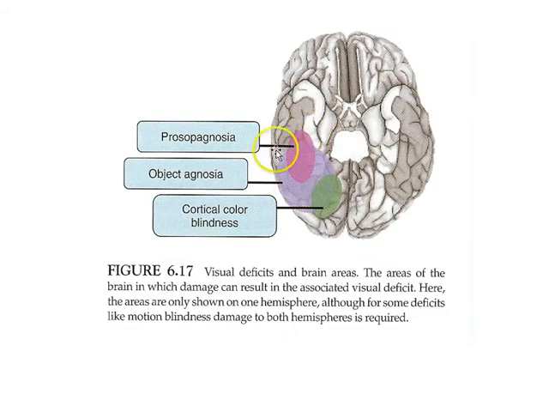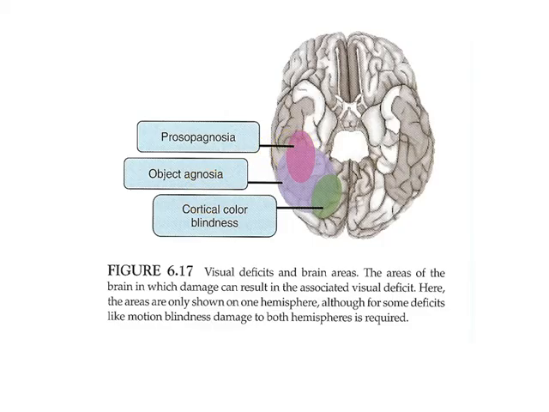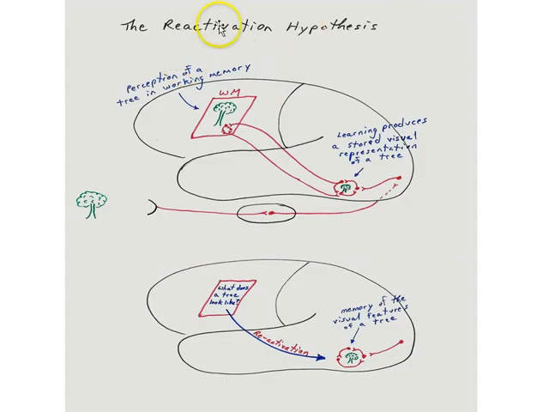If you damage the region that is involved in perception of faces, you would predict that there would be difficulty imagining faces. And that's the kind of finding that neuroscientists find. So both brain scanning data and lesion data support the reactivation hypothesis, that there's an overlap in the neural tissue involved in perception and imagination.